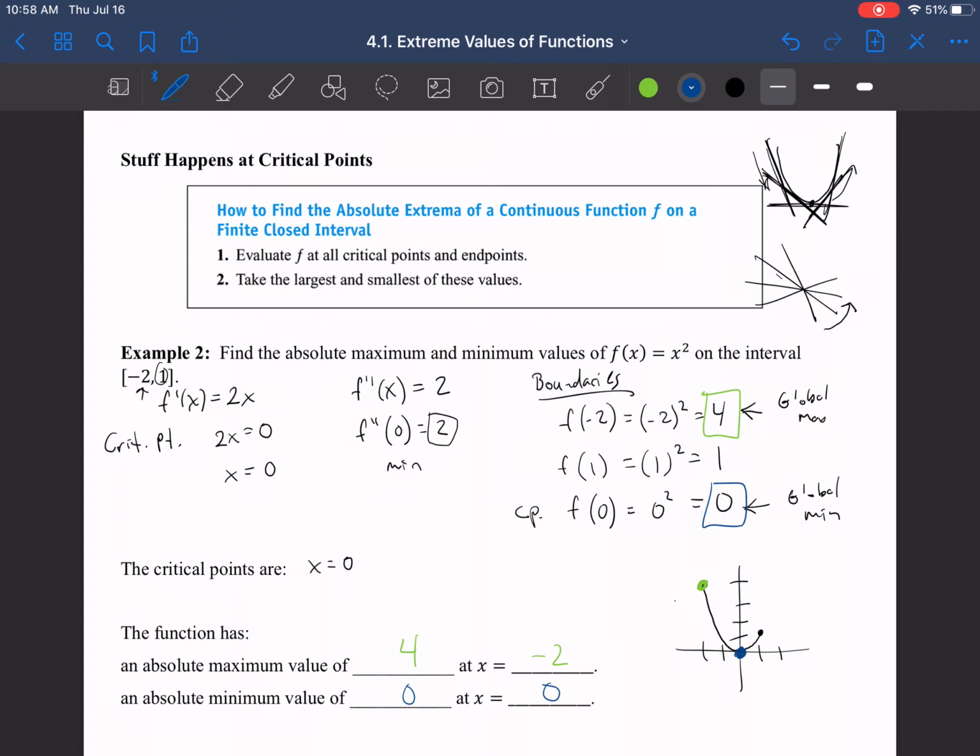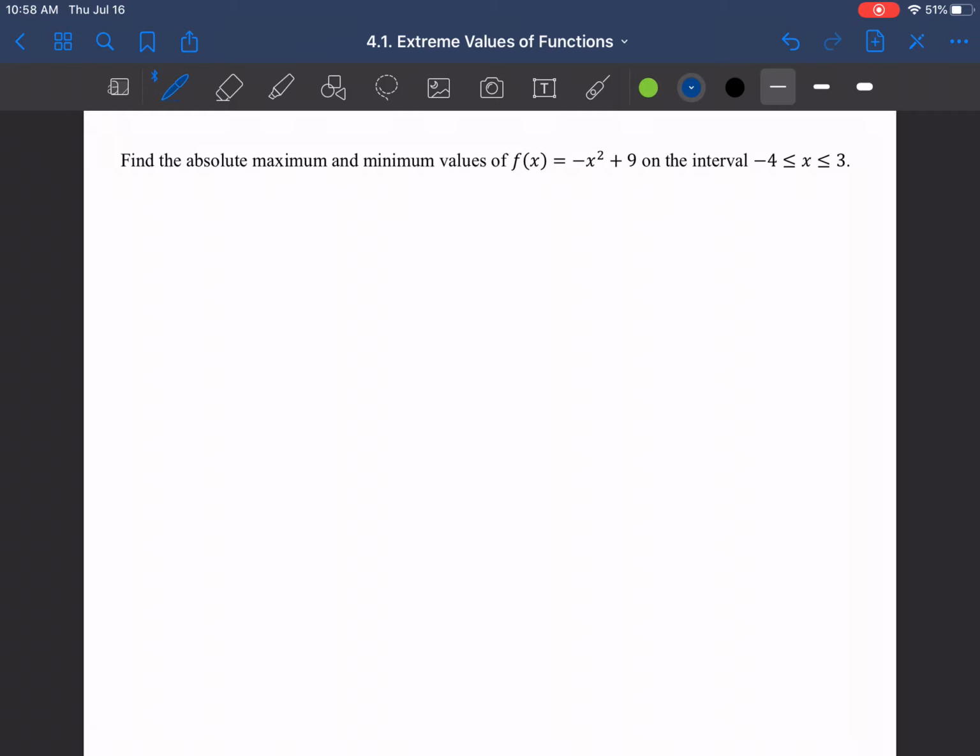All right. After that, I think I'm going to leave these other ones for you to try. Check out the critical points, where the derivative is 0, and then check out the boundary points and compare them together. In fact, I think this one might be a little more interesting.